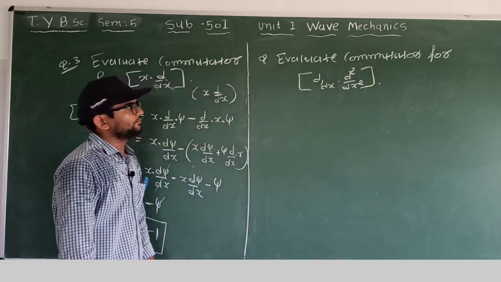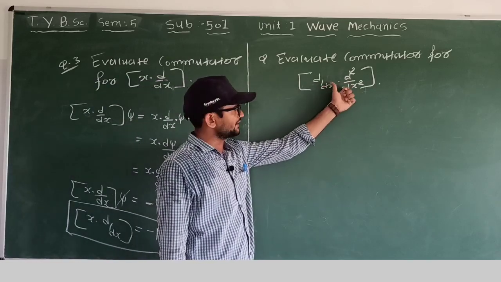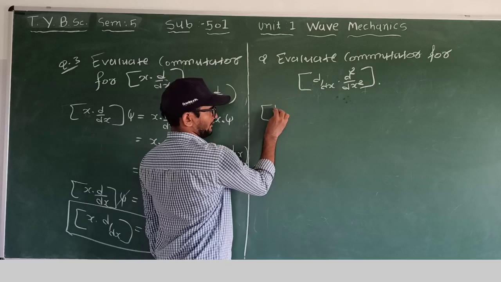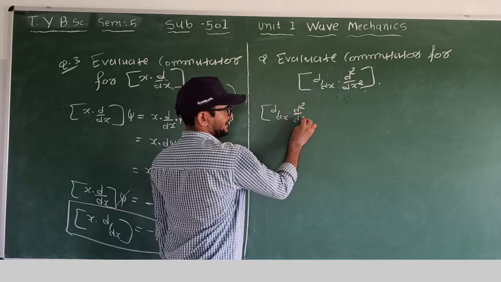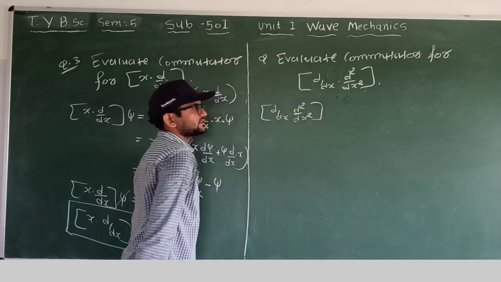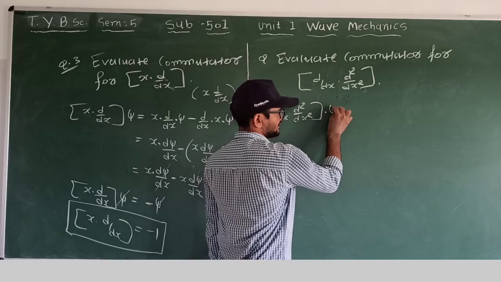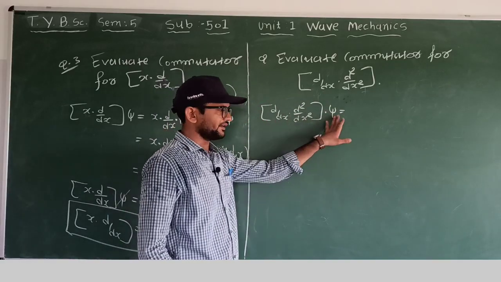This square bracket indicates this is a commutator operator. So first, d by dx into d square upon dx square, the function is not given, at that time we will consider the function psi, is equal to A cap B cap into f(x).